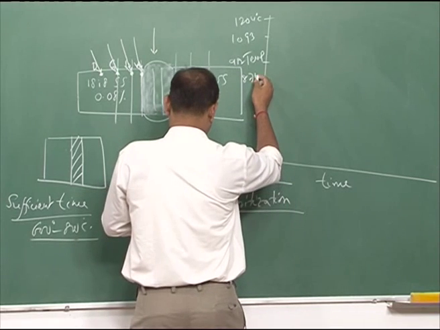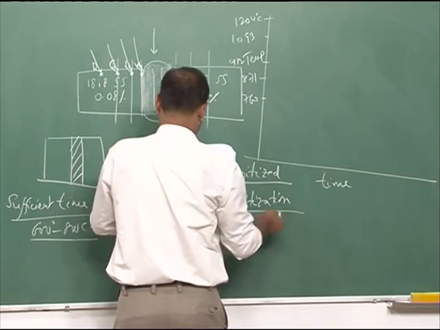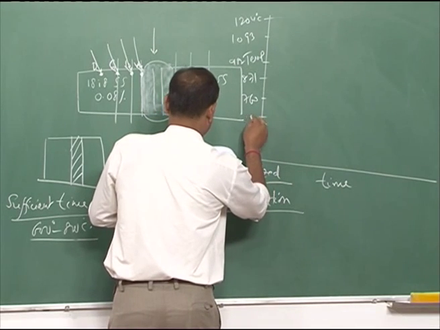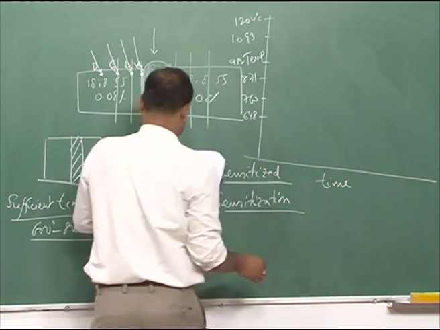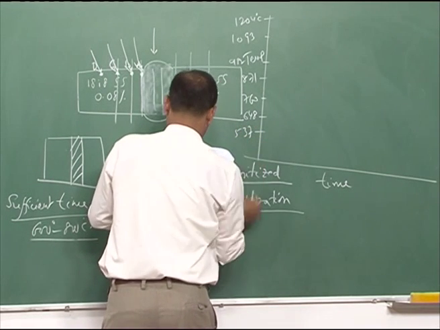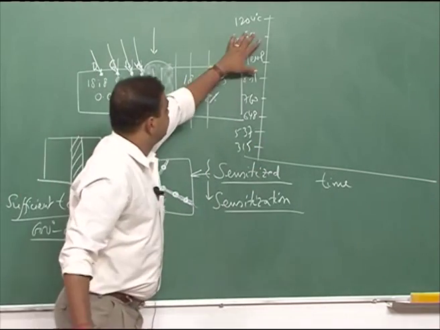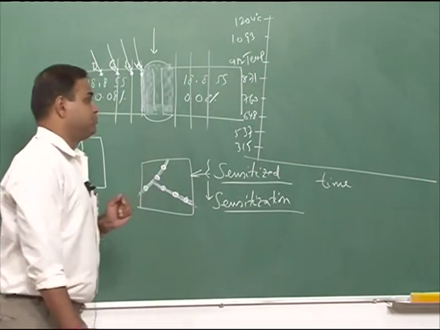This is 760, and this is 648, and let us say this is 537, and below that it is 315. So, this is the temperature scale we are interested in.